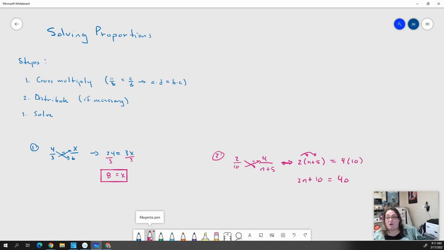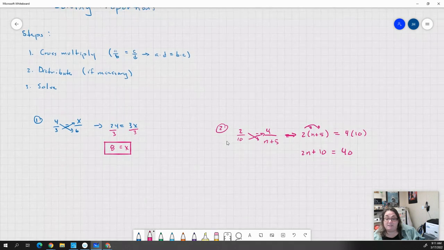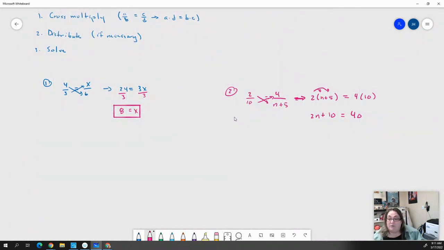And now we can start undoing everything that's being done to this n term. If we look at it, the first thing we can undo is this 10 that's being added to it. We'll just subtract 10 from both sides, and we wind up with 2n equals 30. And then we still have that 2 being multiplied to it.